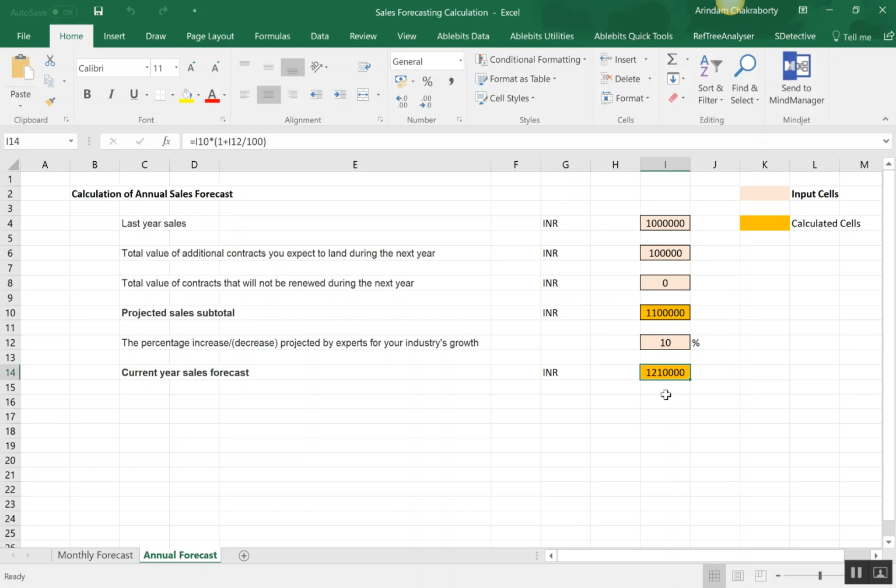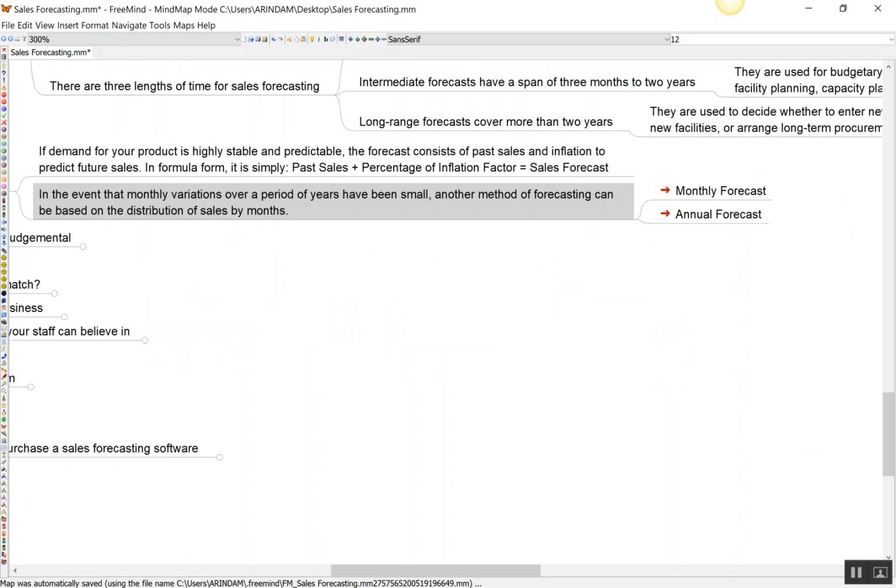So it comes up to roughly 12 lakh 10,000. This is just to give you a sense of how the forecasting activity is done on a monthly basis and an annual basis. This is very handy and we have practically used it, so you may take reference of that if you require.